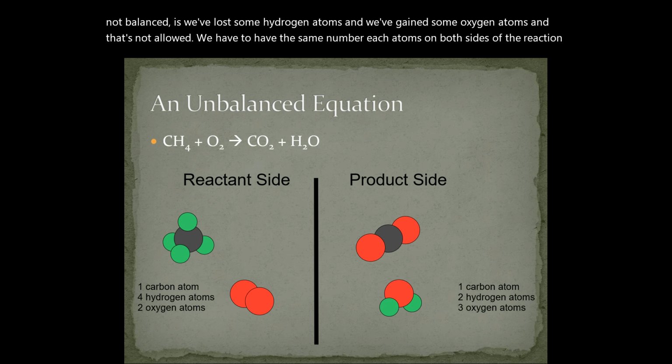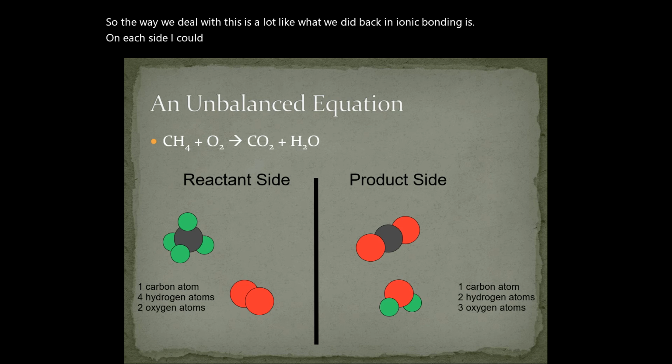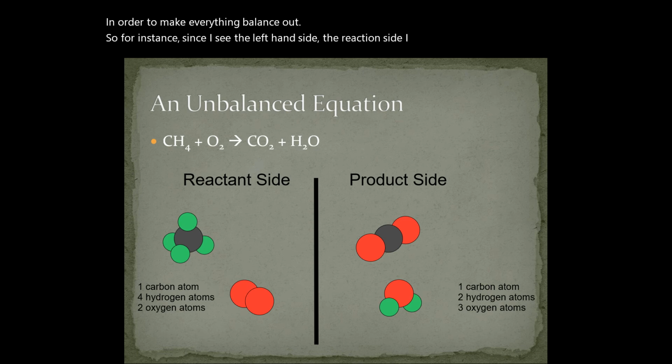The way we deal with this is a lot like what we did back in ionic bonding: on each side I can duplicate the molecules that are there in order to make everything balance out. On the reactant side I have four greens, and I want four greens on the product side.